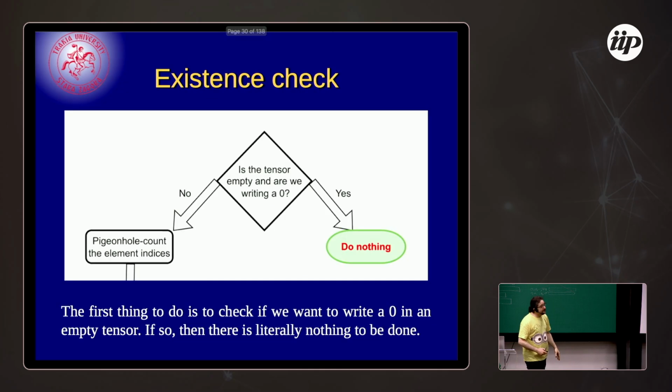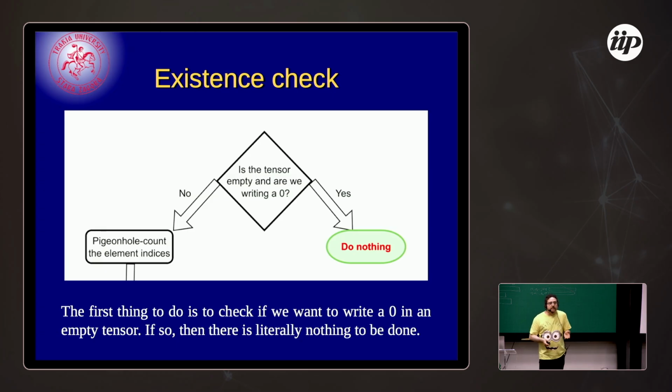First thing, it's the same as before, existence check. Remember, is the tensor empty? Yes or no? But now there's a twist. It's not just is the tensor empty, it's is the tensor empty and are we writing a 0? Because obviously you may want to write a 0. So if the tensor is empty and you are writing a 0, then there is nothing to be done because you will still be left with empty stuff.